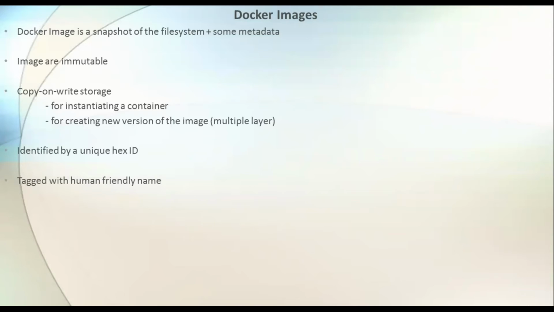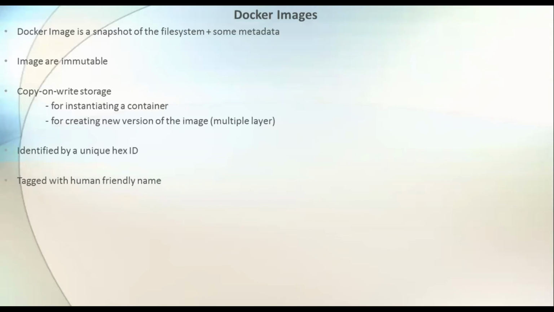Let us concentrate on a few points of Docker image. A Docker image is a snapshot of a file system plus some metadata. So including these two, the file system and some metadata, we create a Docker image. All right. Images are immutable.